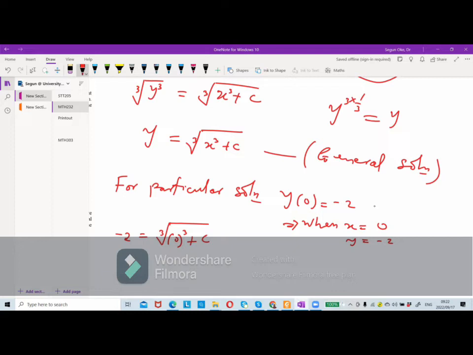Suggestion, sir. We'll firstly solve the one inside that cube root, and then after then we'll move further. Now, I agree with you.